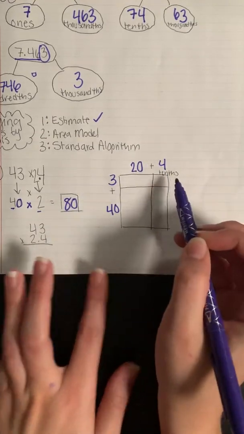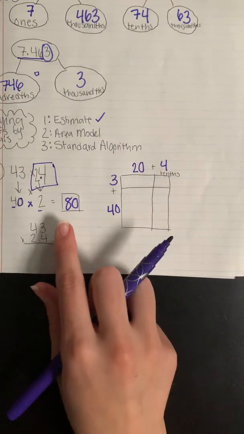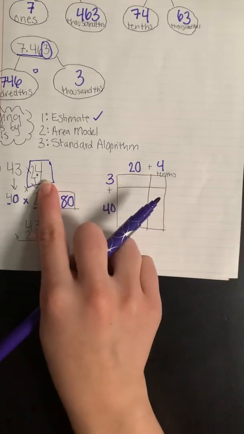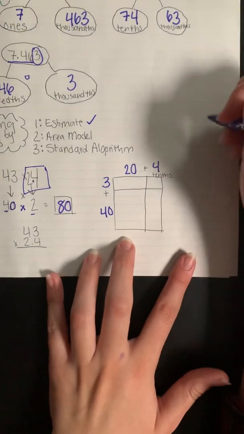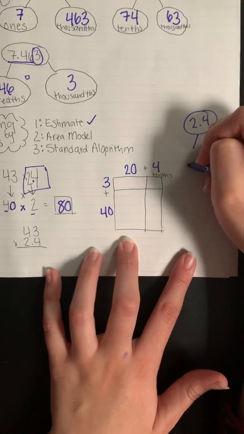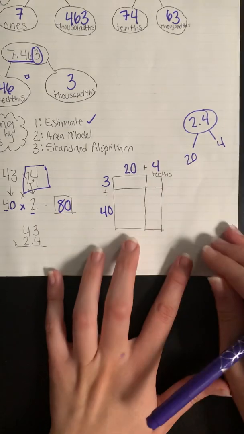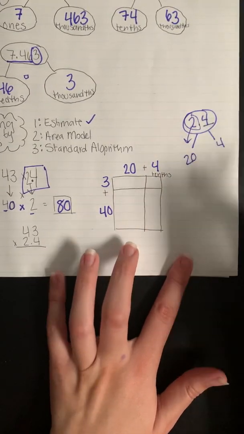My whole decimal just got turned into tenths, because it's really like renaming 2 whole numbers into 20 tenths, and then we have 4 extra tenths. So our decomposing map would be 2.4, then 20 tenths, and then the 4 tenths. This is our whole number that we're breaking up, and those are our extra tenths.